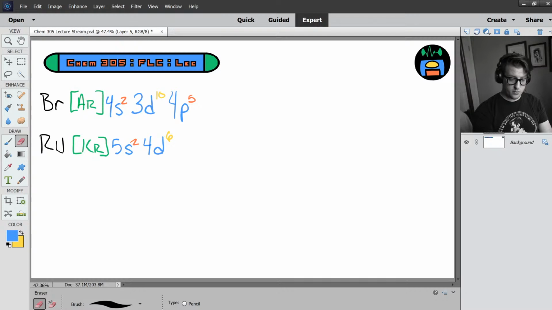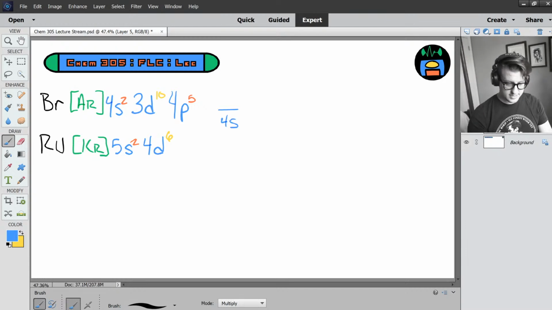So for bromine, we have the 4s subshell, the 3d subshell, and the 4p.